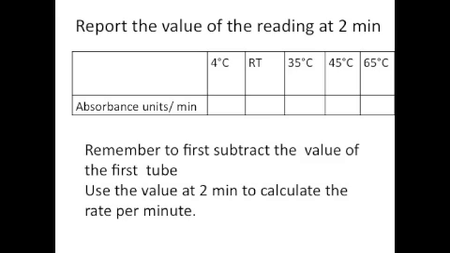Each one of you will need to report the measurement that you did at 2 minutes, but you will be reporting it as an activity per minute. Therefore, you will need to divide your value by 2. Before doing that, you must also subtract the value of your background, which is the value that you got at tube number 1.